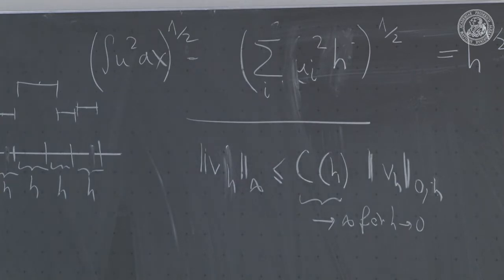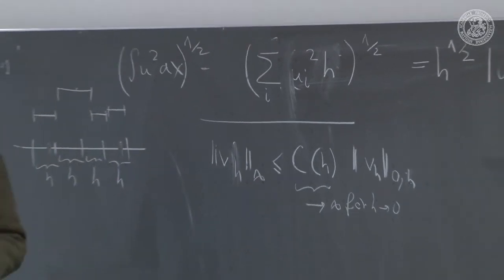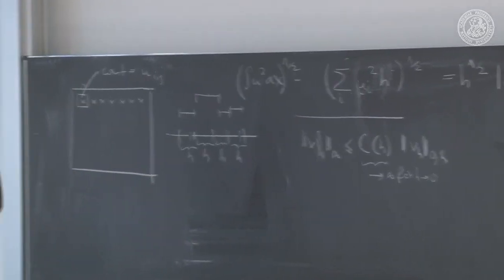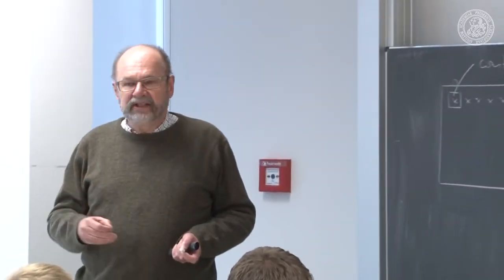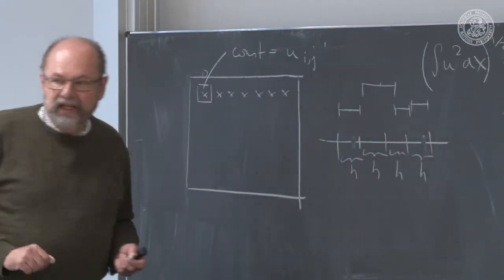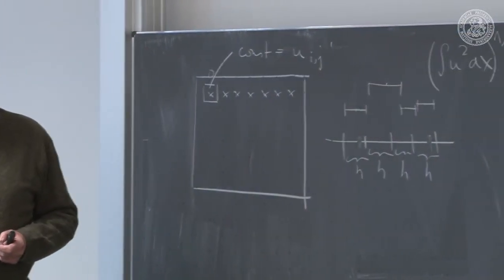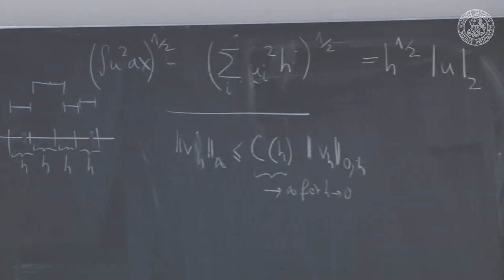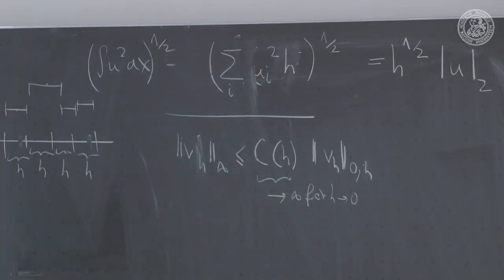If you have fixed an R^n, you can relate all the norms you can think of, the 2 norm, the 1 norm, the infinity norm. You get certain constants which depend on n, but n is related to basically 1 over h squared. N is the number of grid points, and the number of grid points is basically 1 over h squared.